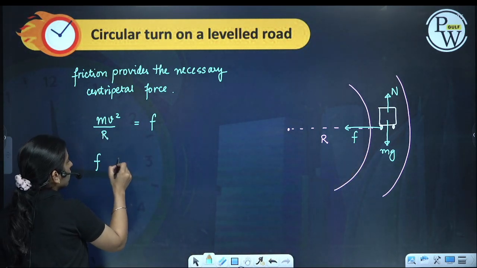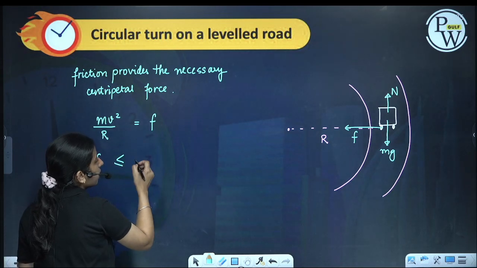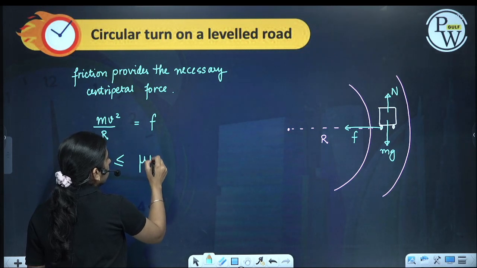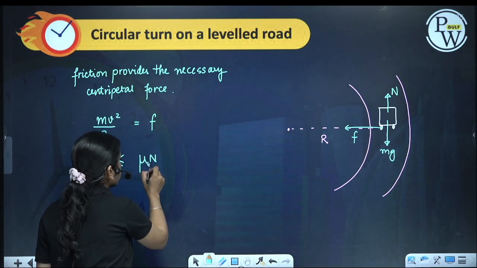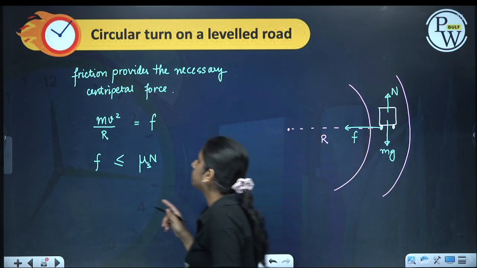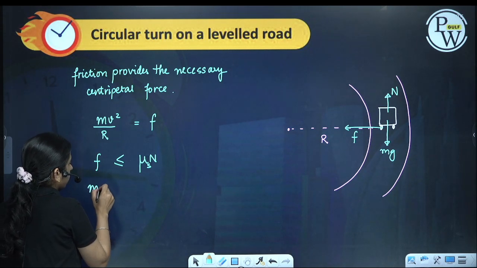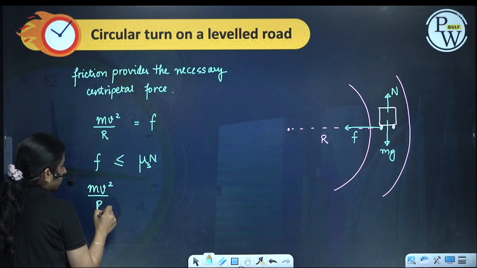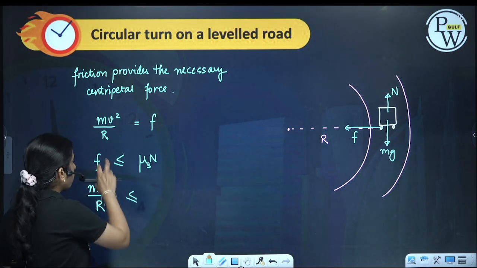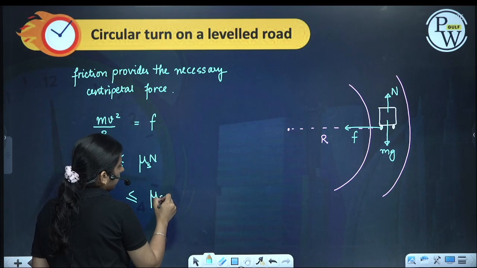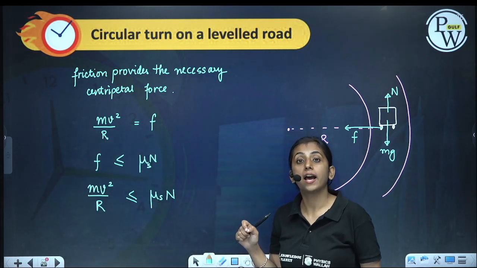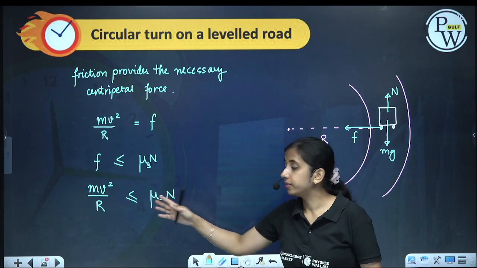We know that frictional force is always less than or equal to its limiting value, that is mu s times N. Friction is equal to the centripetal force, so mv square by r is less than or equal to mu s times N. It means we have a limit on the centripetal force as well.